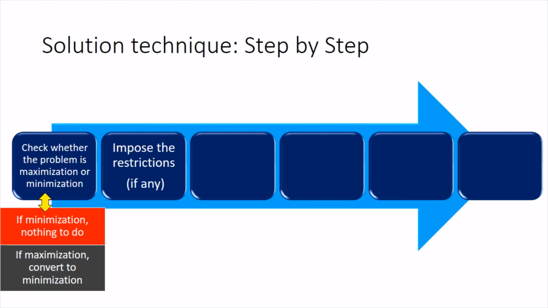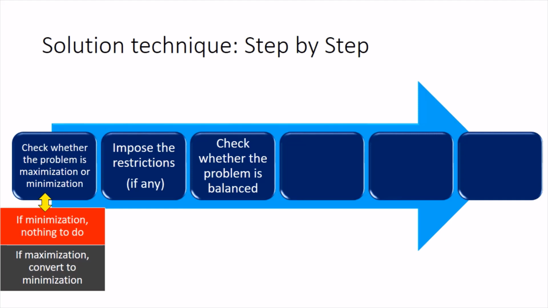So read the statement of the question again and try to identify whether there are any additional restrictions given. Means in addition to the supply data, the demand data and the cost of transportation, if any additional information is given to you to impose any restriction on the system, then you have to incorporate those restrictions at this step.